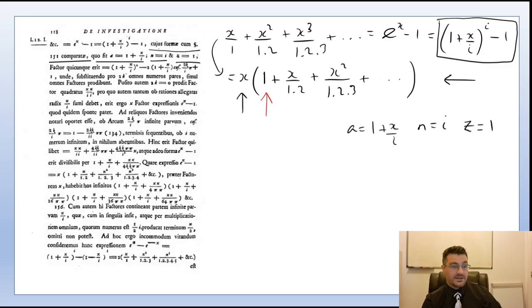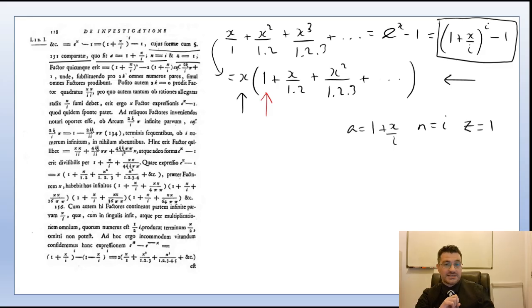What Euler showed in section 151 only really worked with finite values of n. He gave us a technique that shows us how to find the real factors, whether linear or quadratic, of the expression a to the power of n minus z to the power of n, where n was typically assumed to be finite.